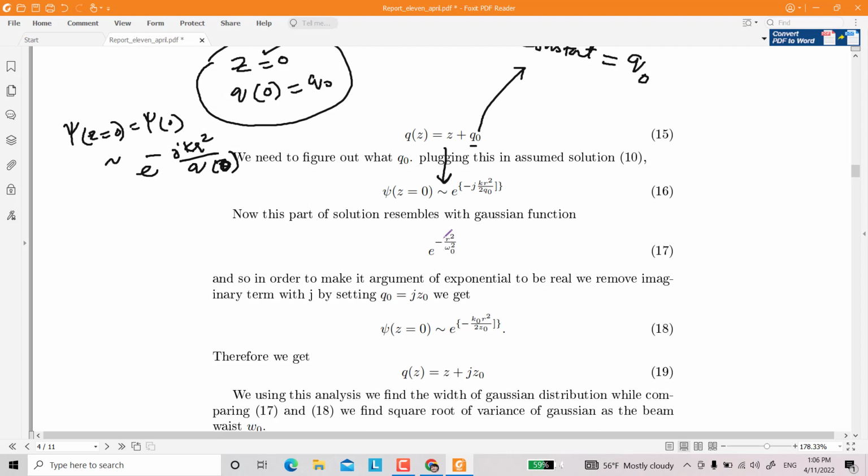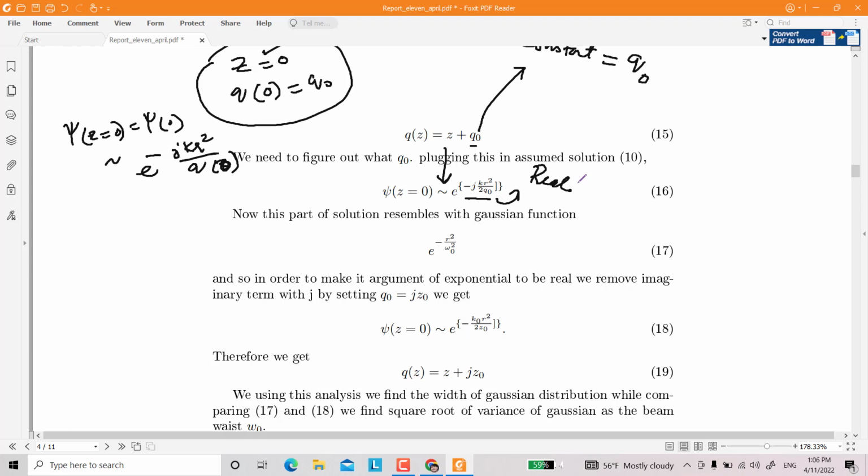you suddenly realize that this part of the guess solution is very similar to the Gaussian function, because we are dealing with the Gaussian beam and we expect the transverse beam profile of the Gaussian beam to follow the Gaussian function. That clearly guides us that this exponential term has to be real, because this is not a phase term.